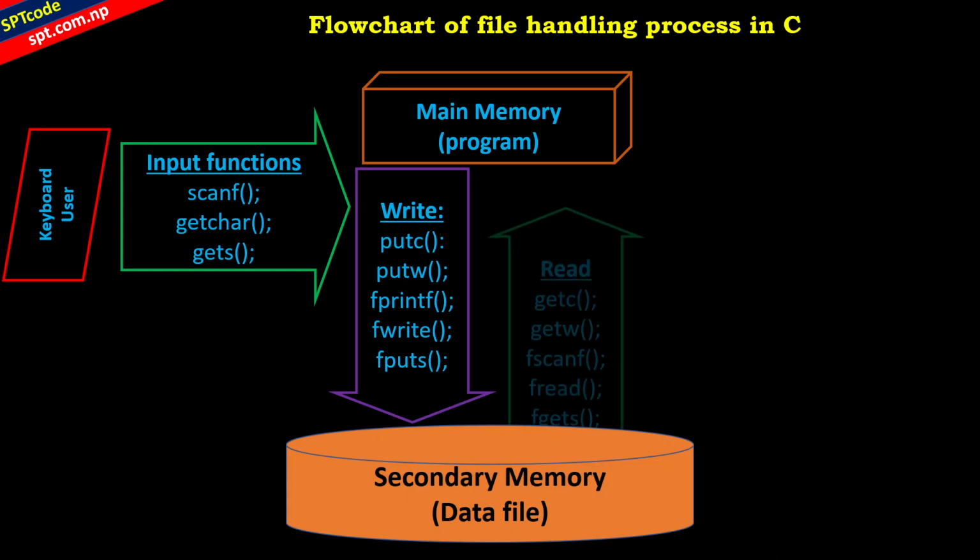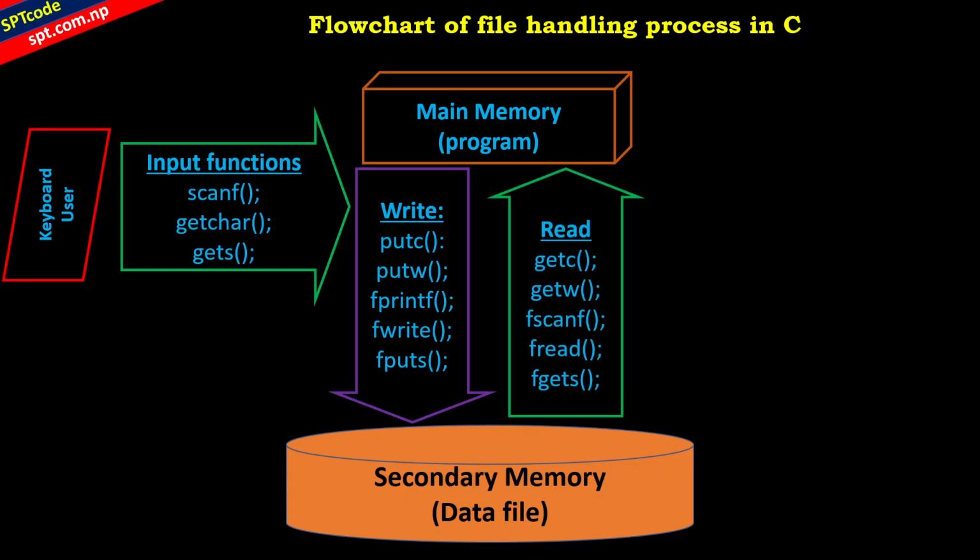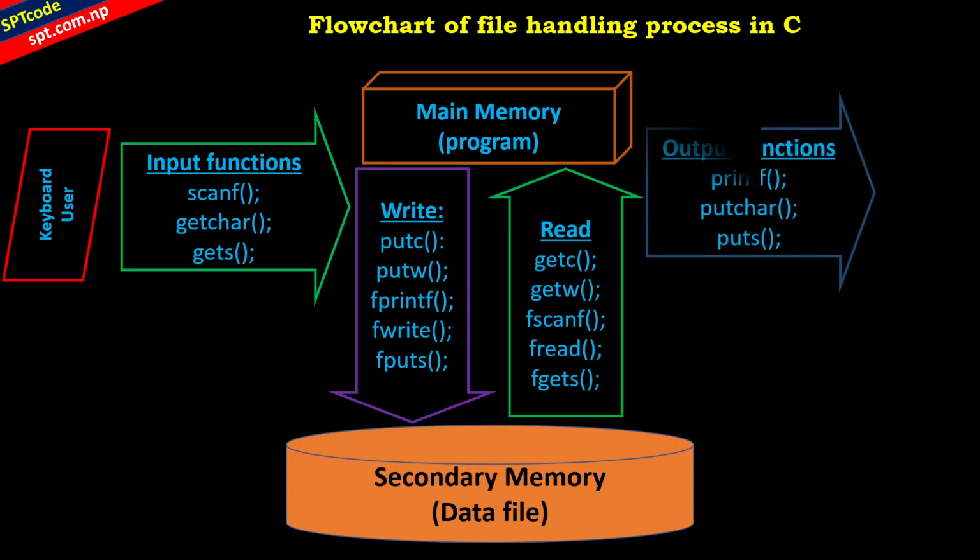Again we can retrieve that data to main memory so that we can manipulate it and deliver it to the users by using printf, puts, putchar on the screen. So these are the concept and the data flow. If you understand, these are very simple things, it's the concept of file handling.